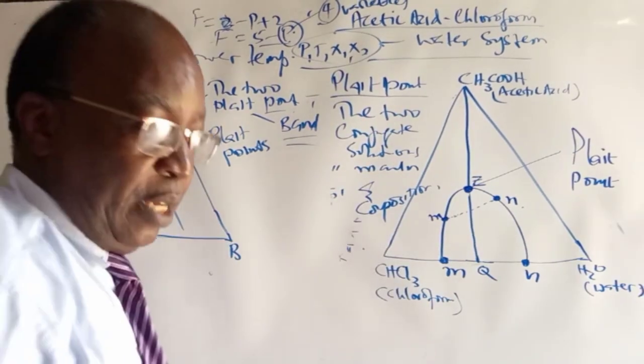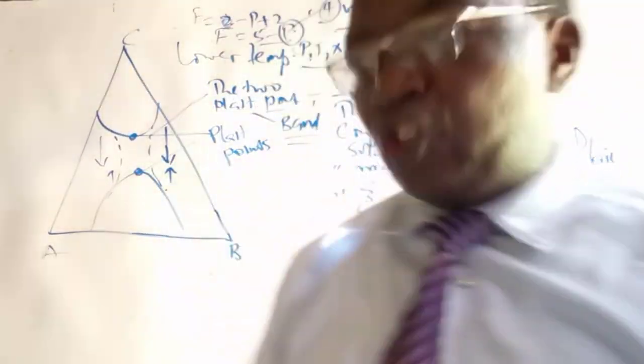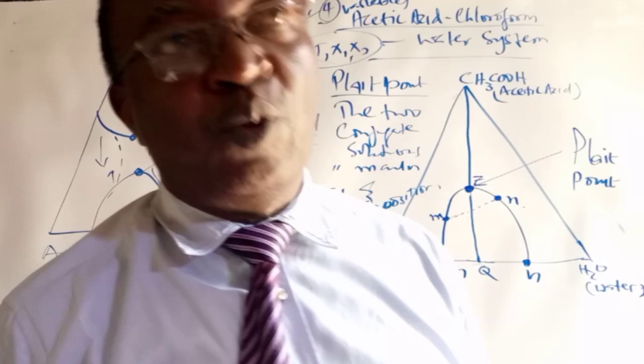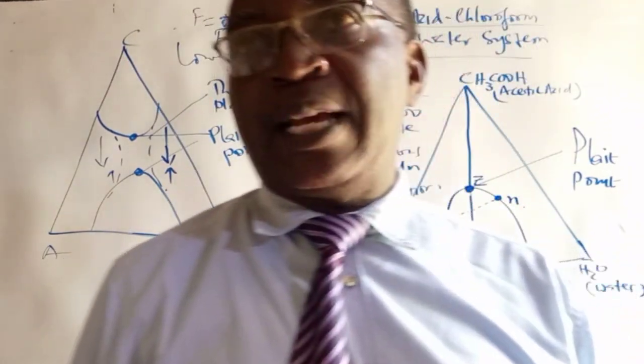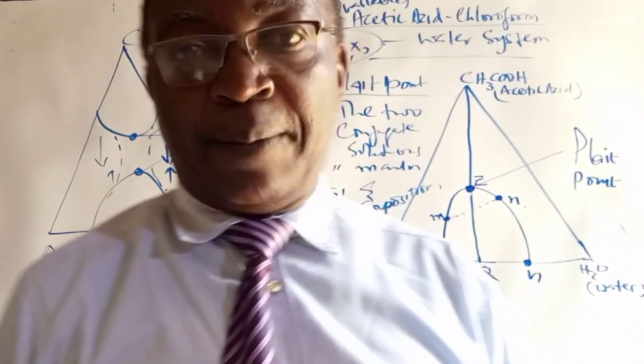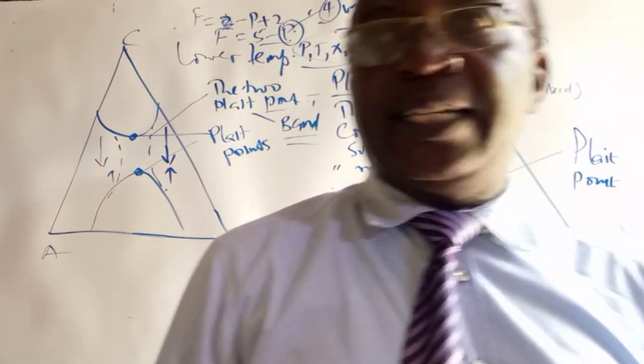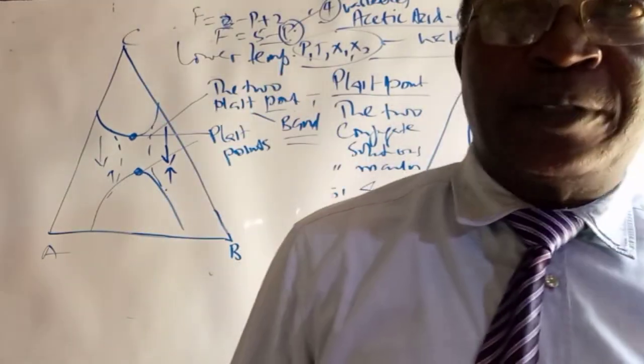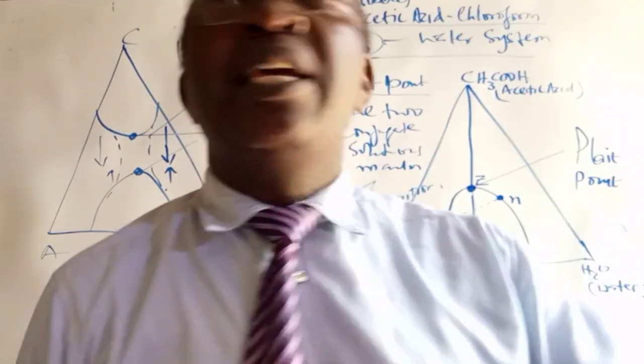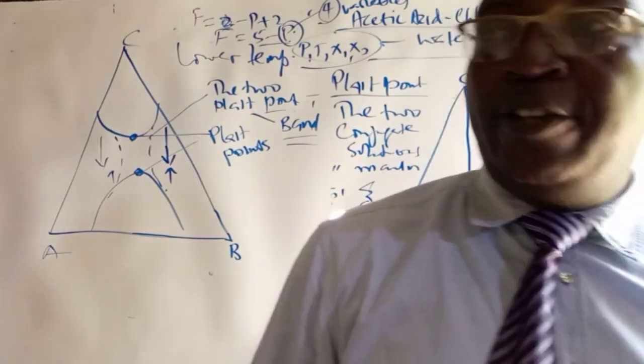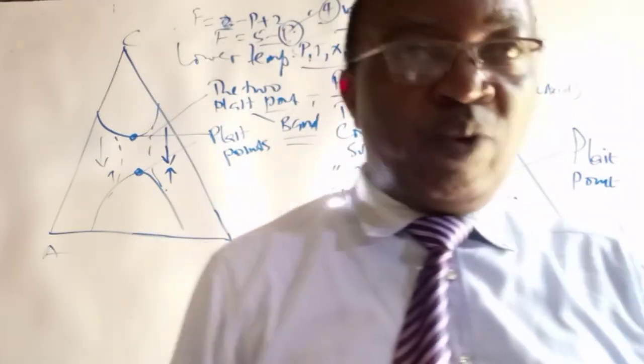So you must get your phase rule right. If you keep the temperature constant, you subtract 1 from the 2 representing temperature and pressure. If you keep pressure constant, do the same. If you keep both constant, then you subtract those 2 and you know what your phase rule is.